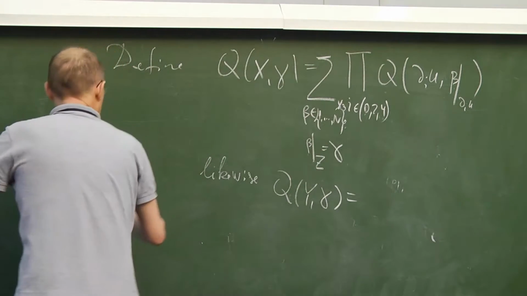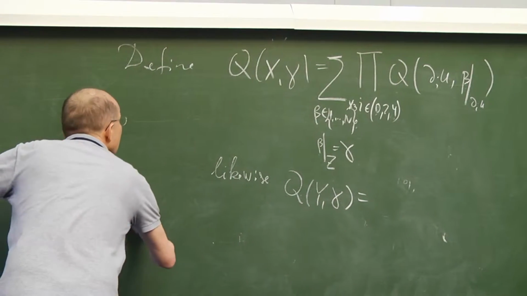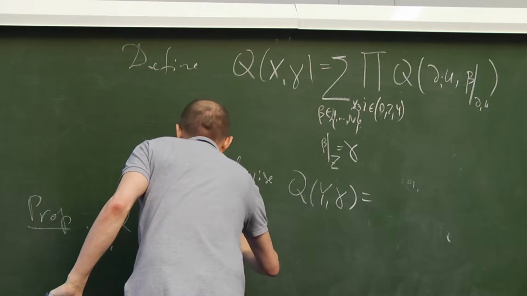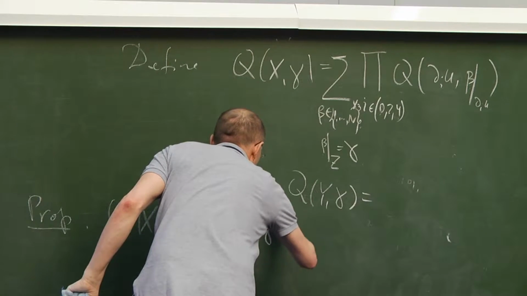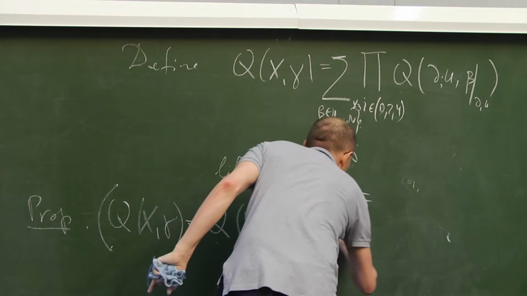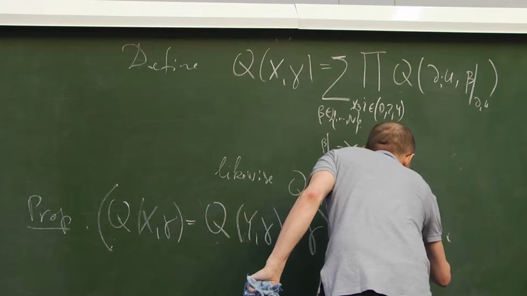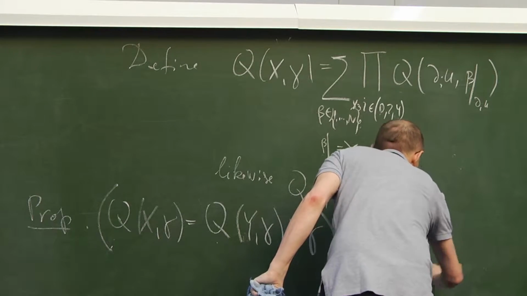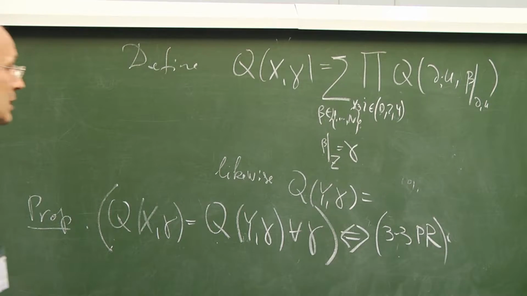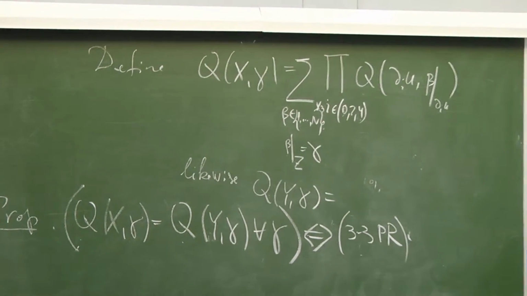And then the proposition is the following: q_X gamma is equal to q_Y gamma for any gamma if and only if we have a system of 3-3 Pachner relations. So that's the topological content of those algebraic systems.